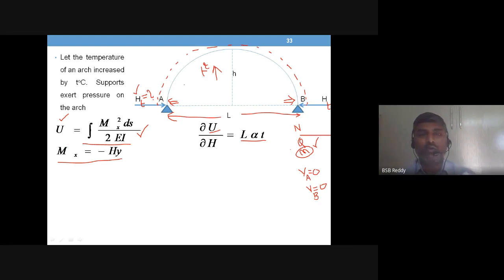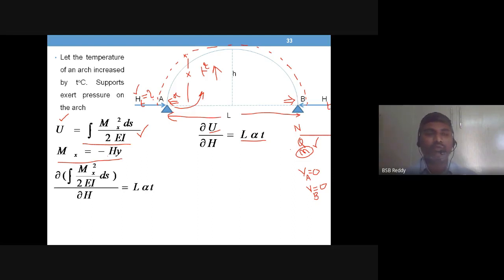So take a section anywhere on the arch at a distance of x. The sum of all moments to the left is H into y. It is anti-clockwise, and left anti-clockwise is minus. So Mx is minus H into y.